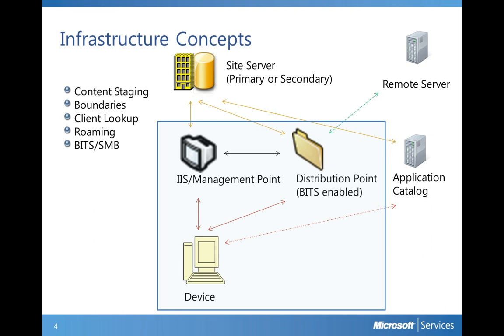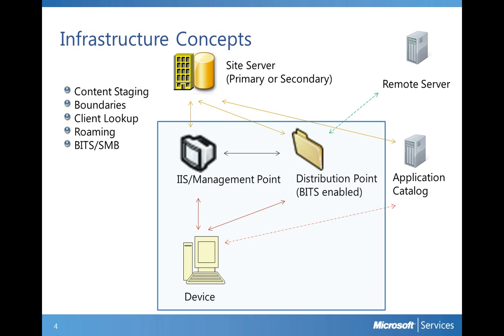Once a client is assigned to a site, it will never leave that site in terms of which site owns management. Even if the site's deinstalled, it will still be assigned to that site if the client's left operational. It won't do anything, but the point is, the site assignment doesn't change automatically.